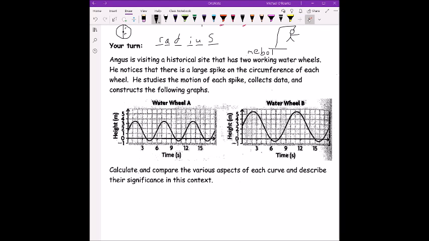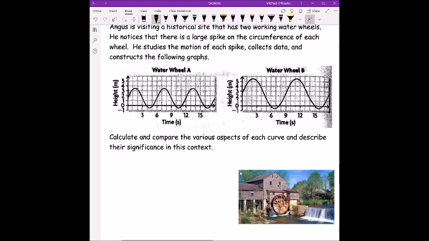I think in the past they used it in mills to grind flour. Do you see the wheel right there? That's what a water wheel is.